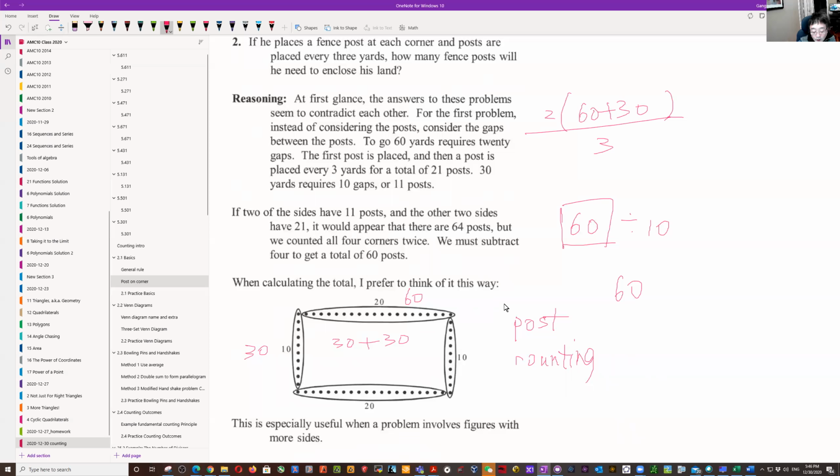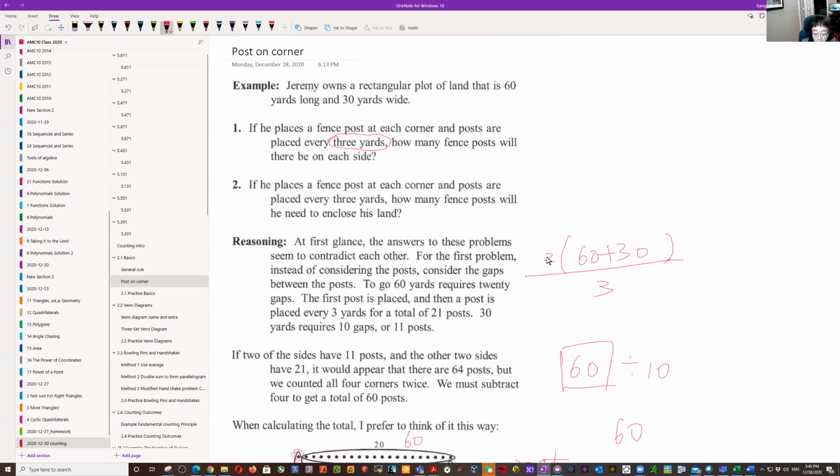That will do the trick, because when you do the post counting, it actually evens out. There's no overcount and no missing count. So you will count the whole distance exactly once. So in the perimeter, including the post counting, if the post distance is even, you just take the perimeter divided by the gap, and you will get the whole post count. This is a special case.